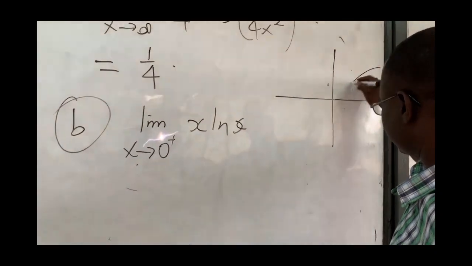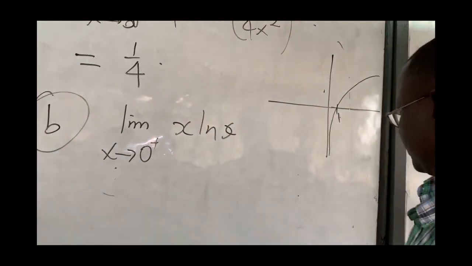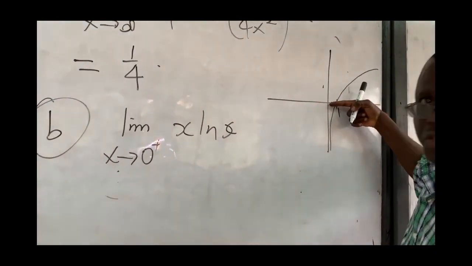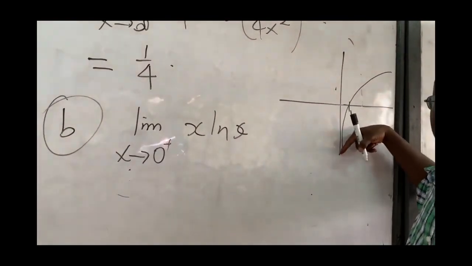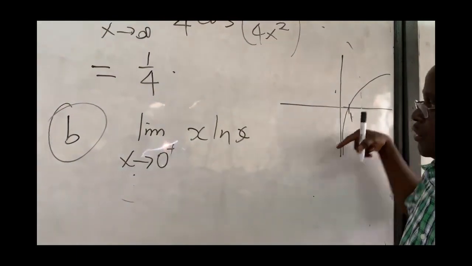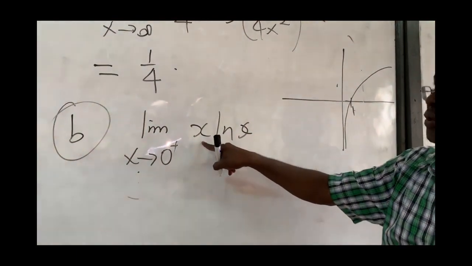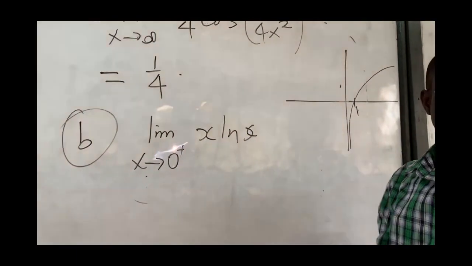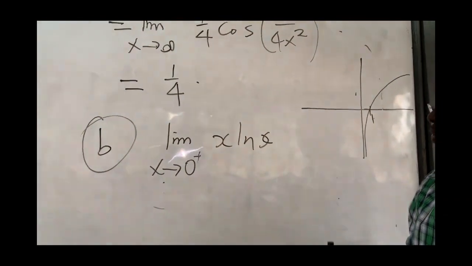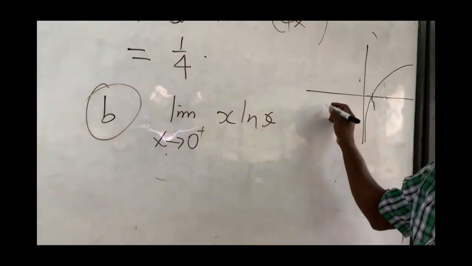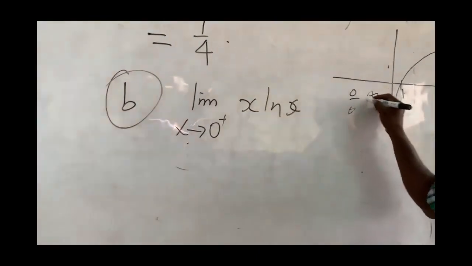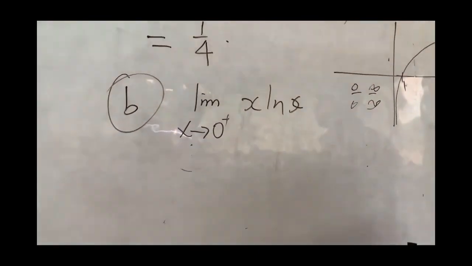It looks like this. This is 1. So as you're approaching 0 from the right hand side, the ln function is going to negative infinity. So this is negative infinity, that is 0. So you have the form 0 times infinity. Because it's of that form, you try to turn it to the form where you have 0 over 0 or infinity over infinity, and then try to solve it.